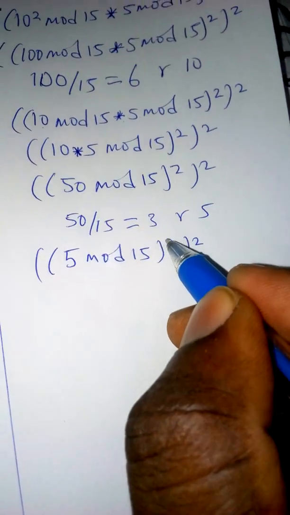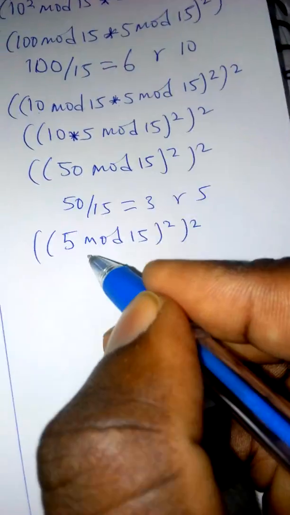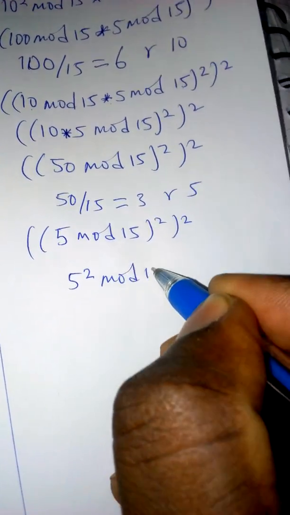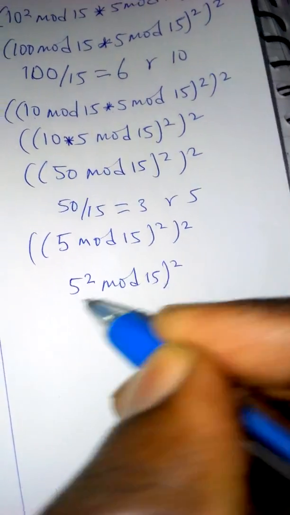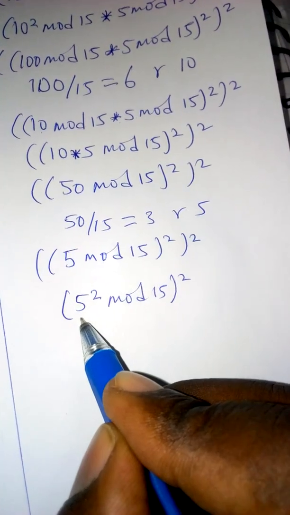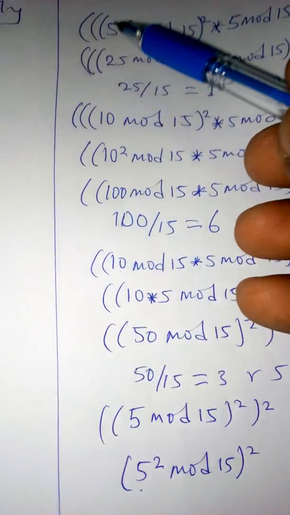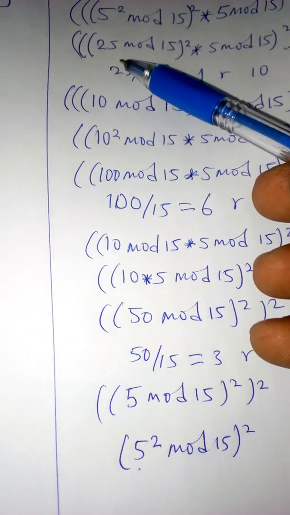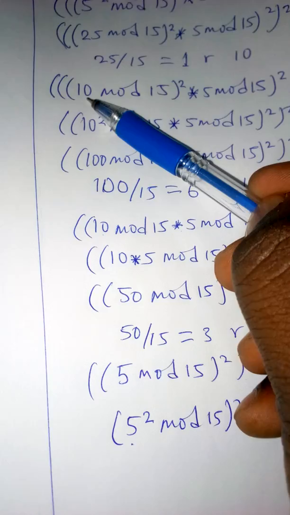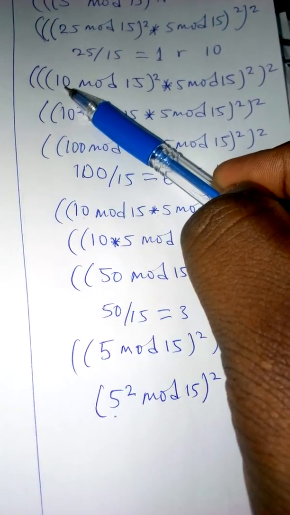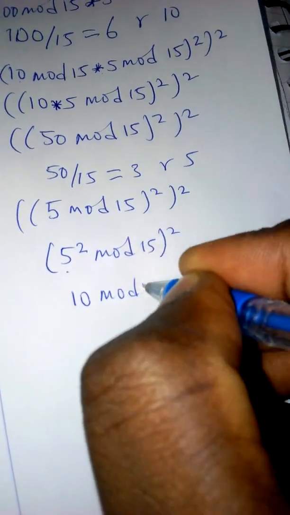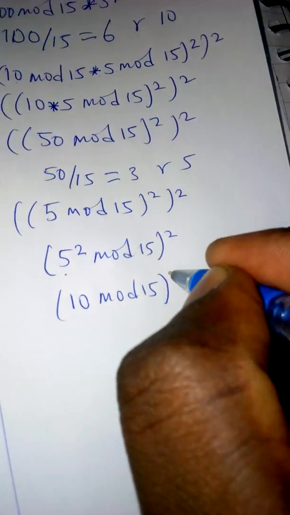Now we bring this square inside. So here we have 5 squared mod 15, close bracket, squared. We have already computed something like this before: 5 squared gives us 25, and 25 mod 15 is 10. So we use this 10 here, 10 mod 15 with the square outside.